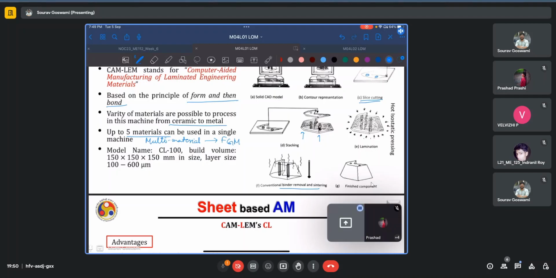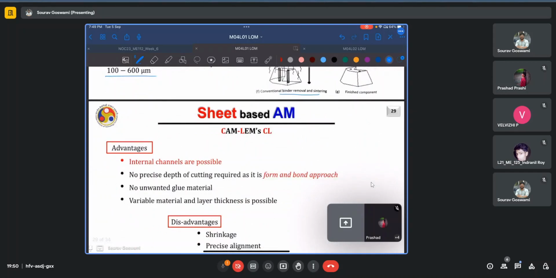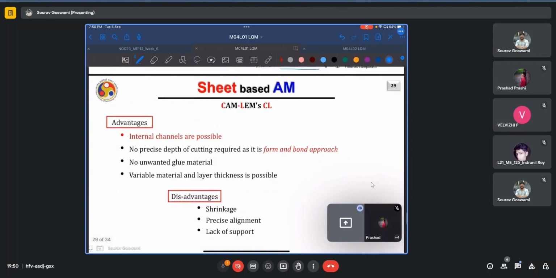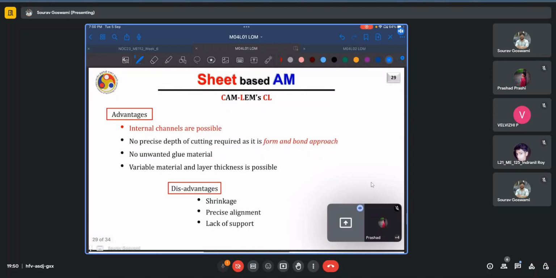And for one of the commercially available machines, the specifications have been provided to us. So CL100 has a build volume of 150 cross 150 cross 150, and layer size can vary between 100 to 600 micrometers. Also, another interesting thing about the CAMLAM CL is that variable materials as well as variable layer thickness is possible.